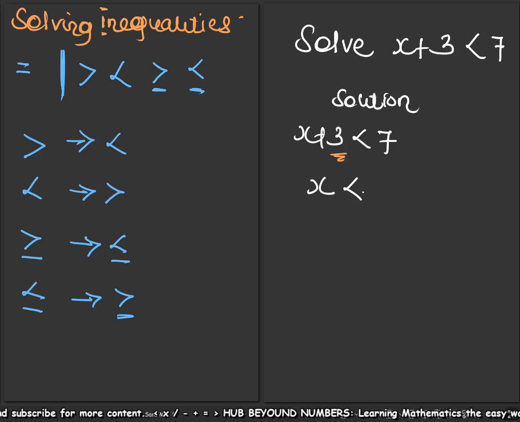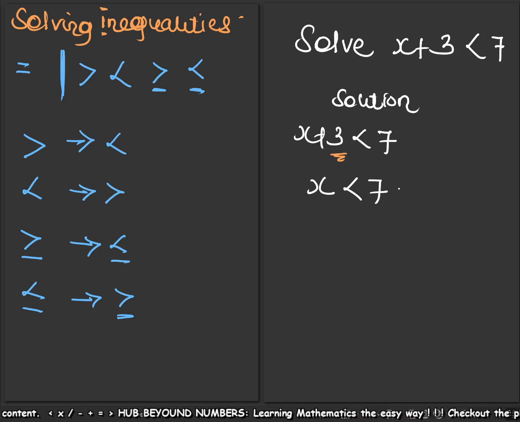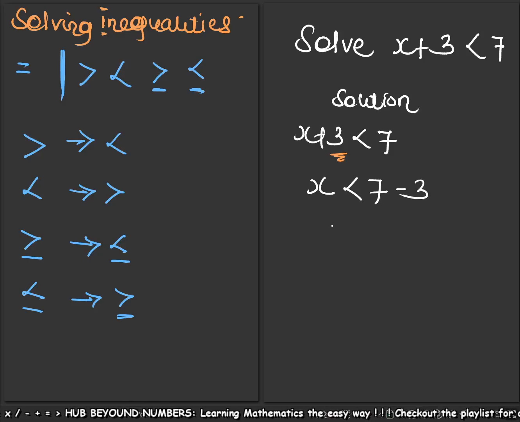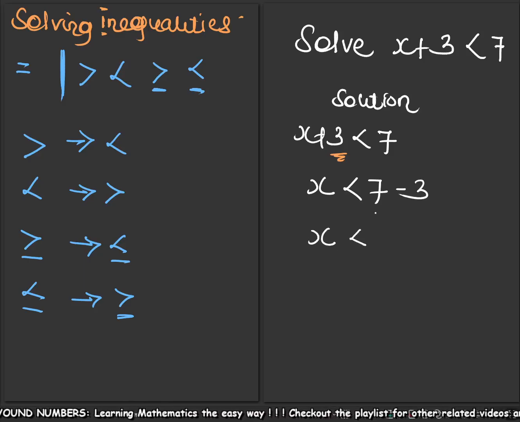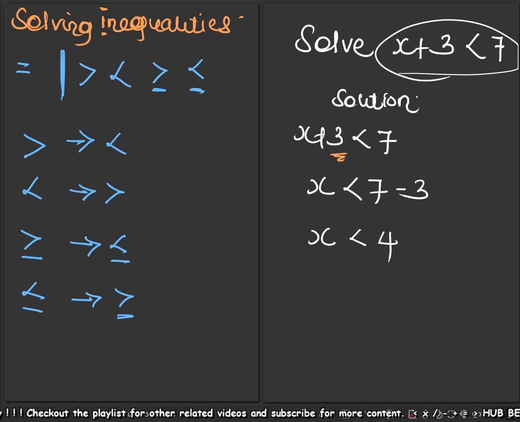We have the 7, and the 3 moves to the other side so that it becomes negative 3. So x is less than 7 minus 3, which gives us 4. It simply means that any value less than 4 satisfies this inequality.